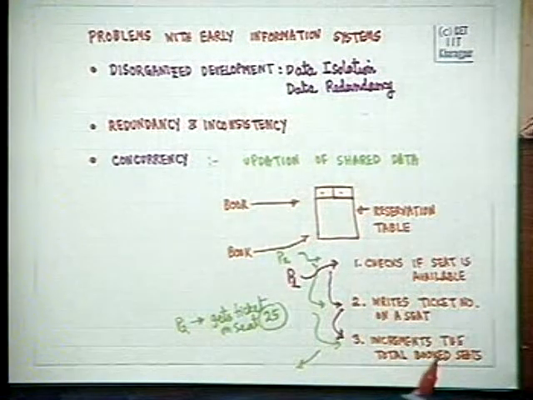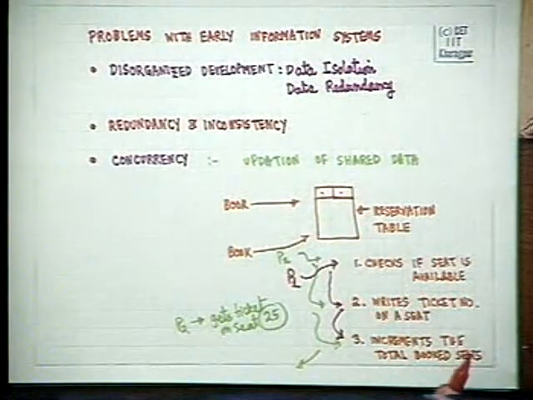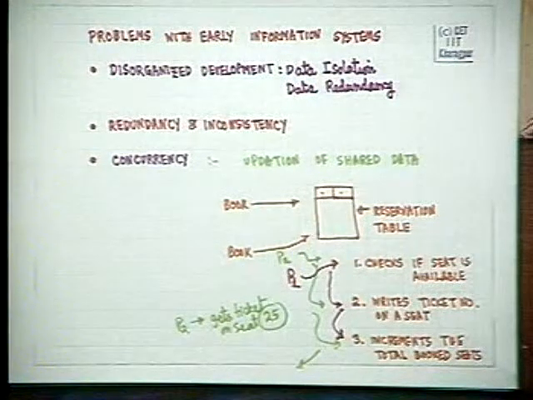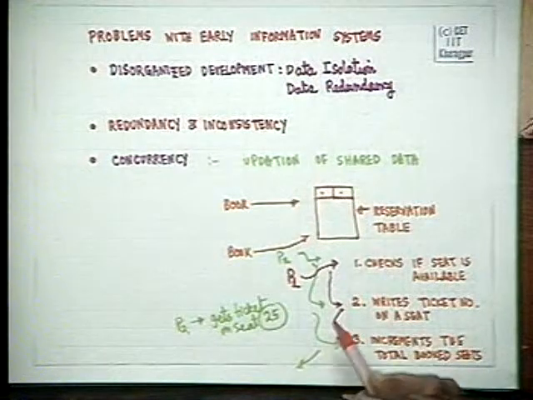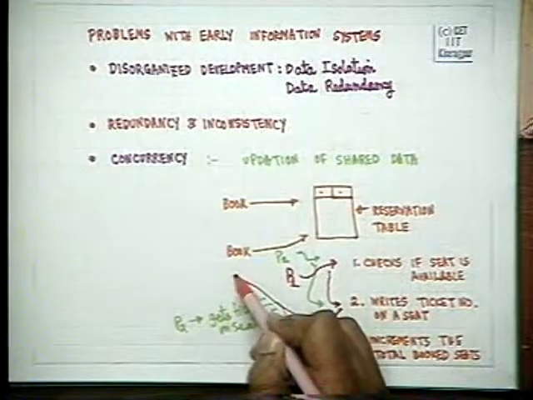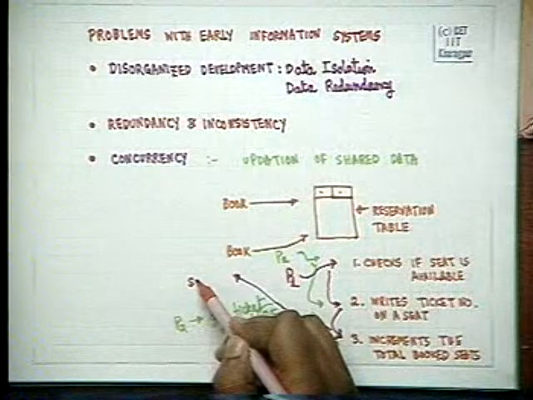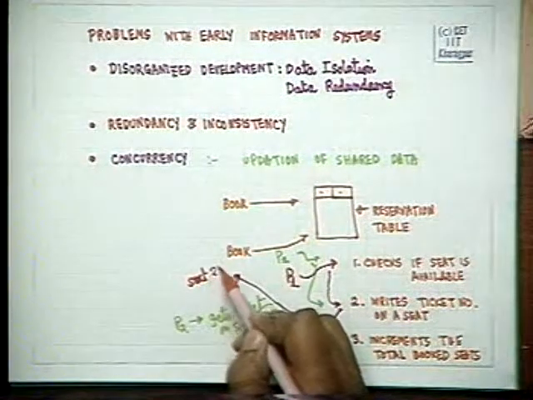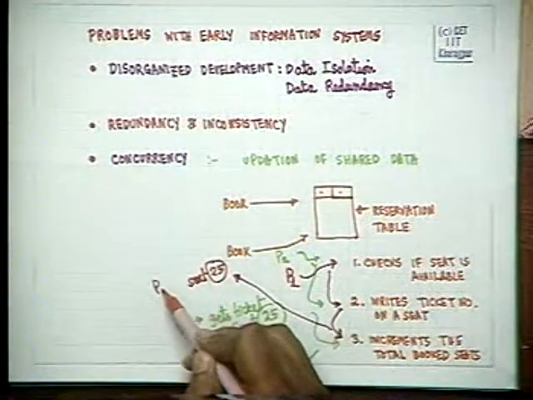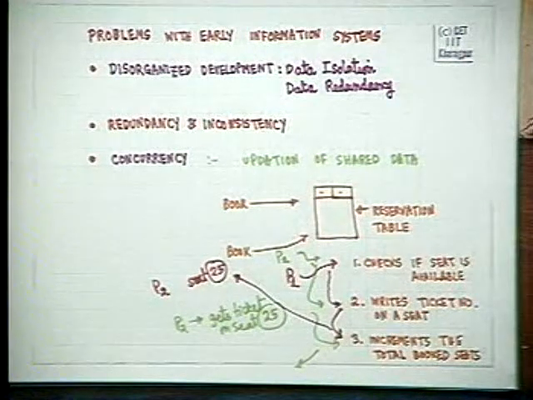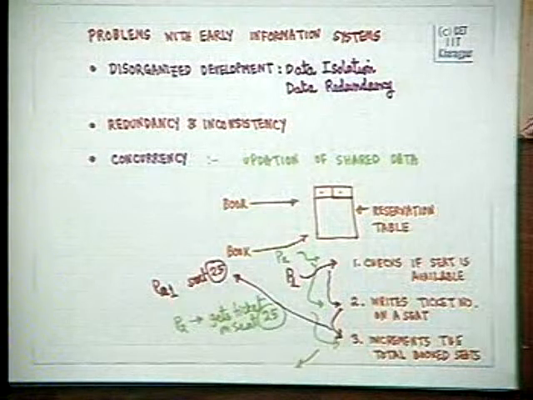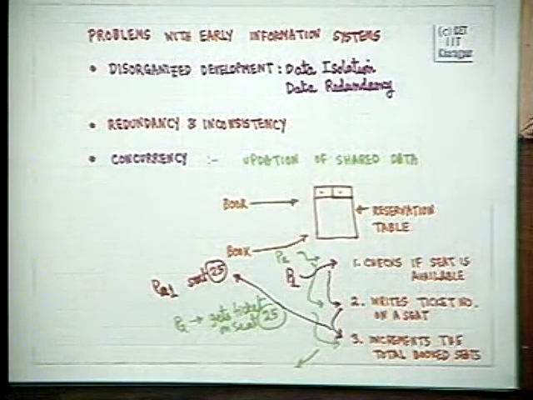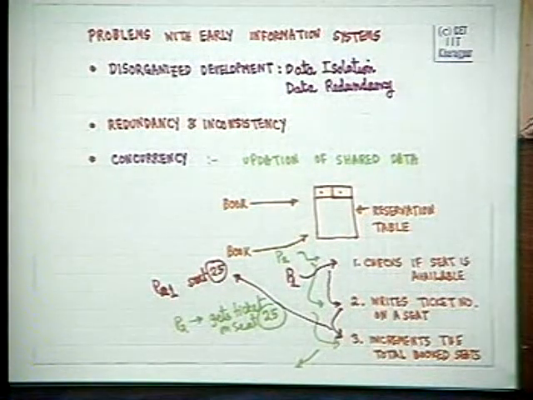If the number of seats booked is now more than total, it may not make it more than total, but it may get a ticket with the same seat number. P1 may get it with the same seat number, and you have got two tickets with the same seat number.